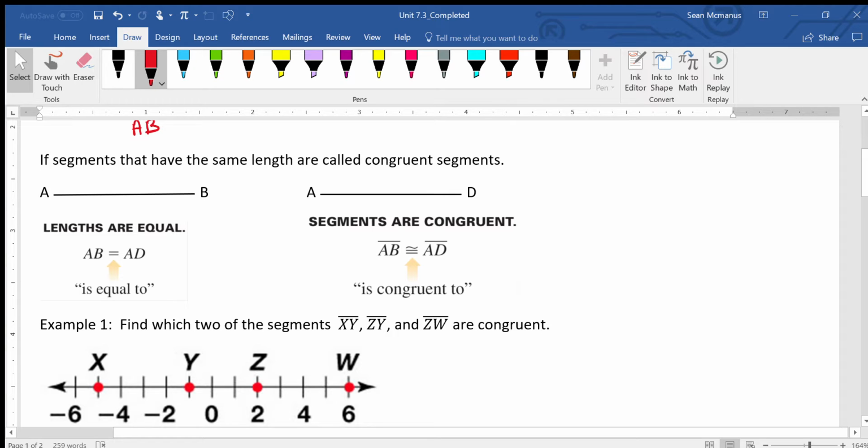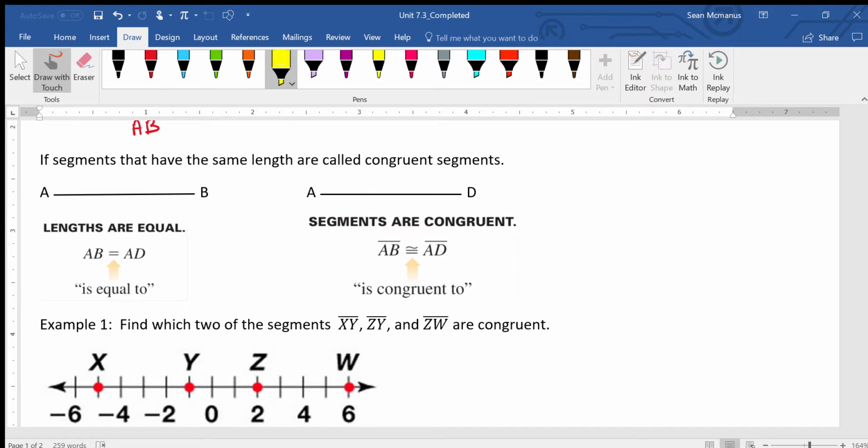When we're measuring segments, we want to make sure we're using the right terminology. When we're talking about the lengths of segments, if they're equal, we would say the lengths are equal. So this might be something like 5 equals 5, right? If the lengths are the same, I would say that the lengths of AB and AD are equal.